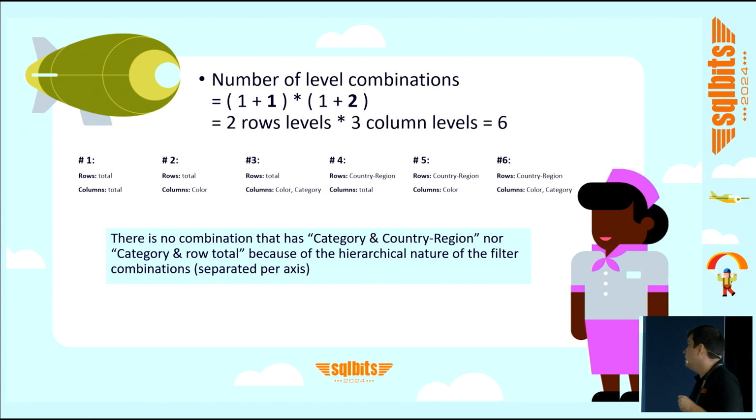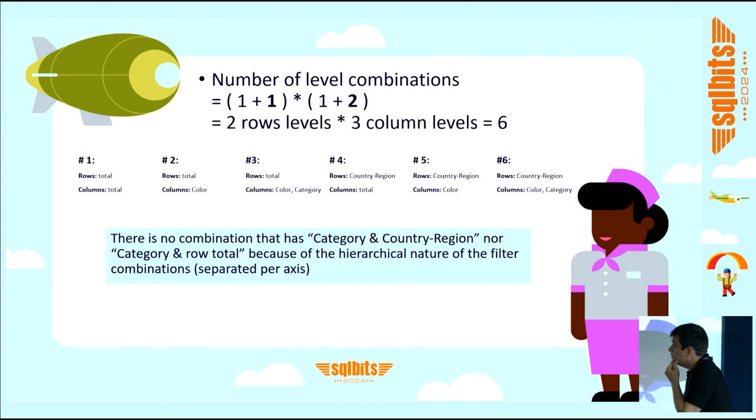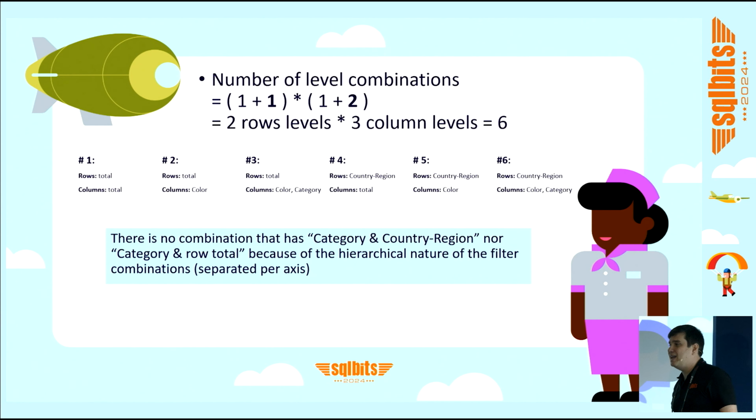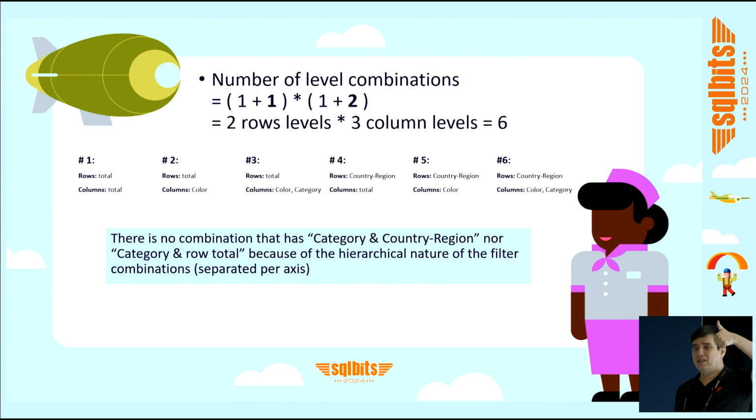One thing, I don't think you'll notice it, there is no combination between category and country region. Because category is in the column axis. And first, I used, as a first layer, the color, and as a second layer, I used the category.